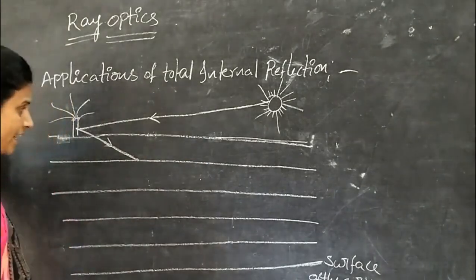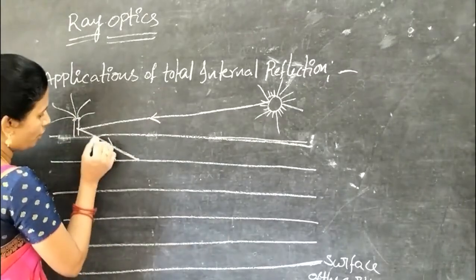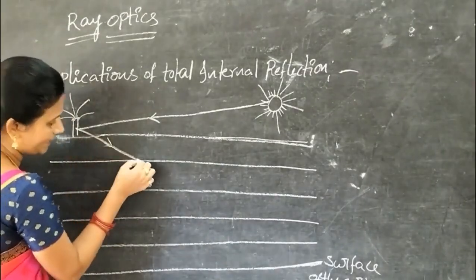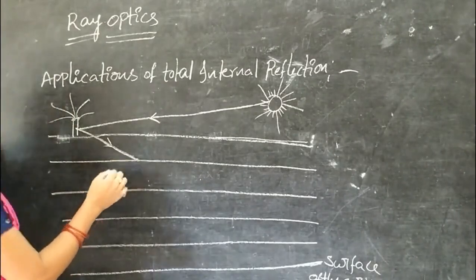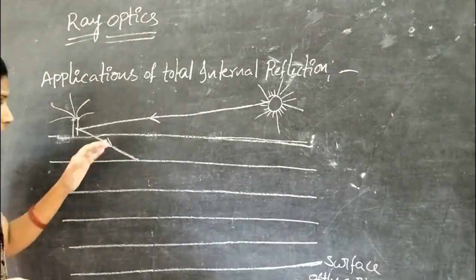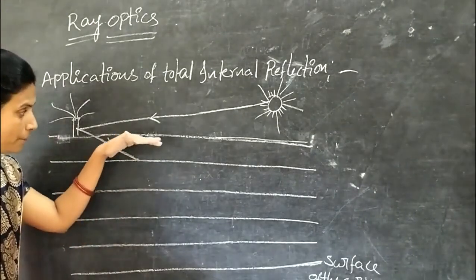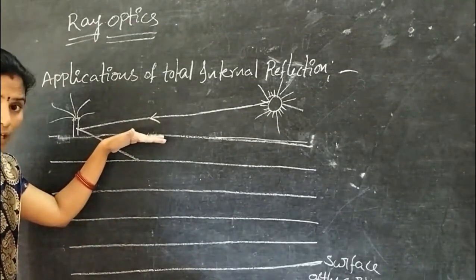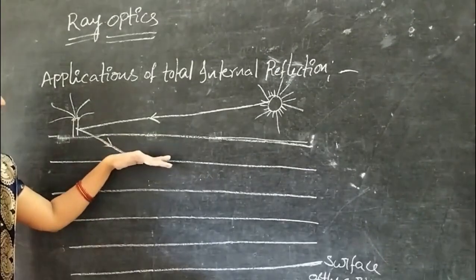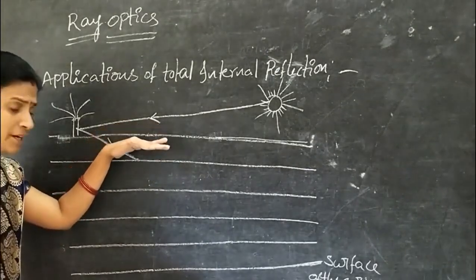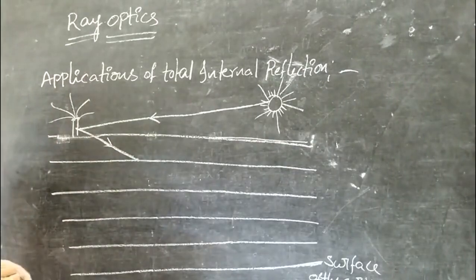The reflected light travels from denser medium to rarer medium. This layer is cool compared to the layer below, so this acts as a denser medium and that acts as a rarer medium.